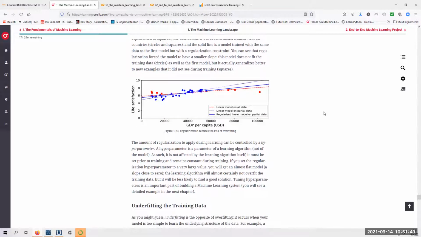In practice, when you have the constant and the slope, you can put some limits, which are called hyperparameters. So these hyperparameters are outside the learning algorithm.